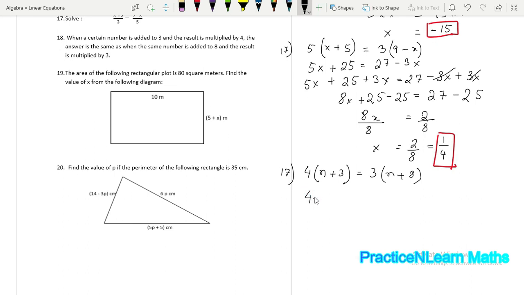We open the brackets, we get 4n plus 12 is equal to 3n plus 3 8s are 24. We subtract 3n from both sides.